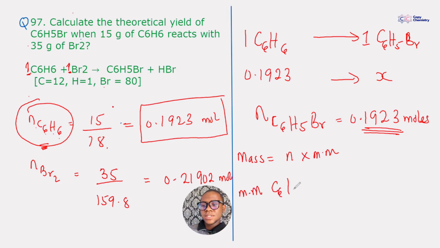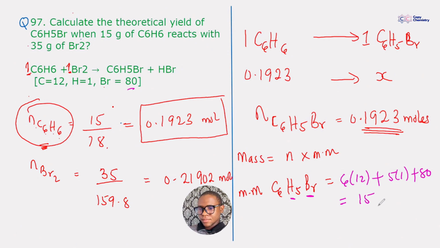Molar mass of C6H5Br is just equal to 12 multiplied by 6 plus 5 multiplied by 1 plus whatever Br is, 80. When you add all that, you should have 156.9.